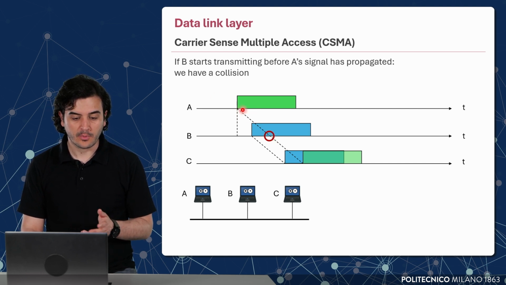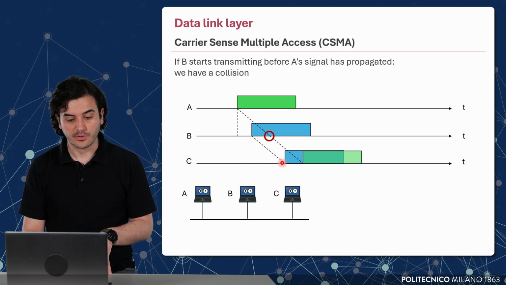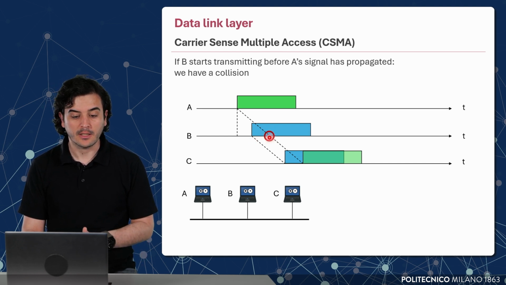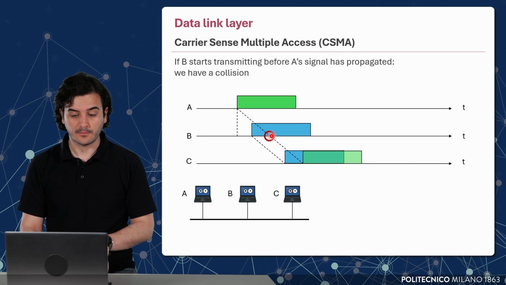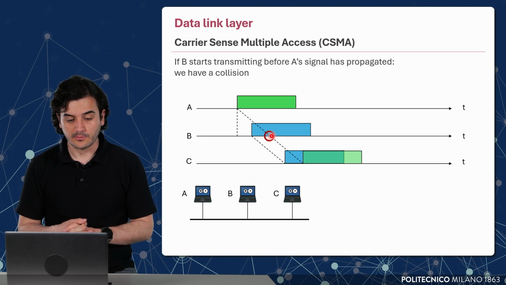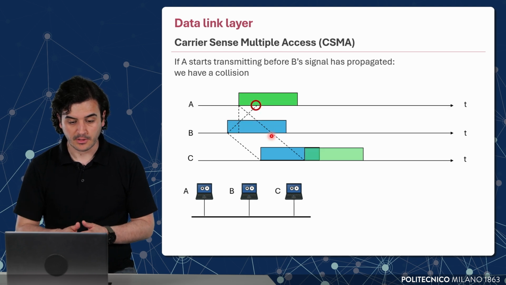Since there is some propagation delay between A and B, from the point of view of station B, the channel seems to be free. So B initiates the transmission towards C, and only later on, once the transmission is proceeding, will B receive the information from A that it had intended to use the channel. Therefore, it is possible to still have a collision even in such a scenario.